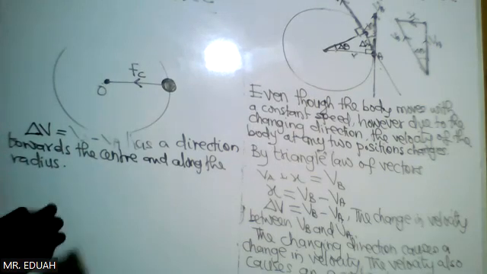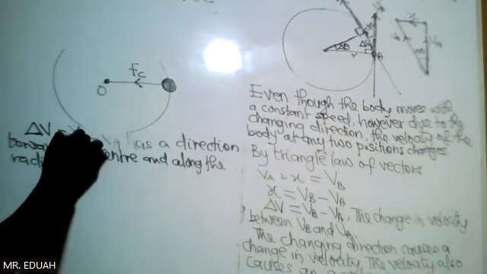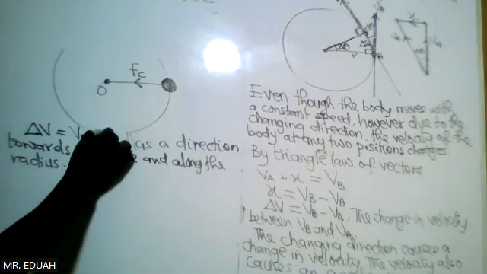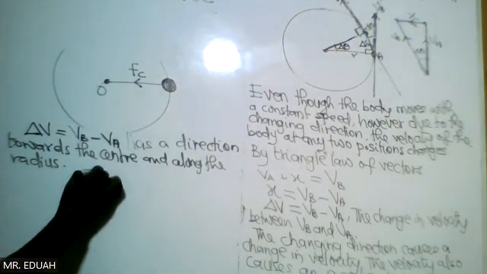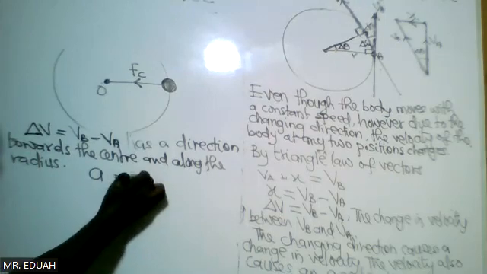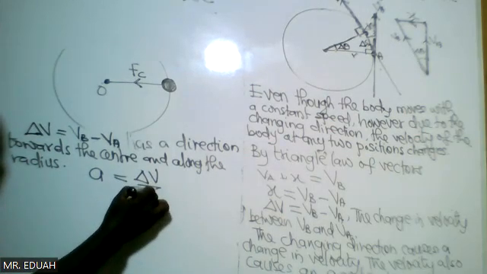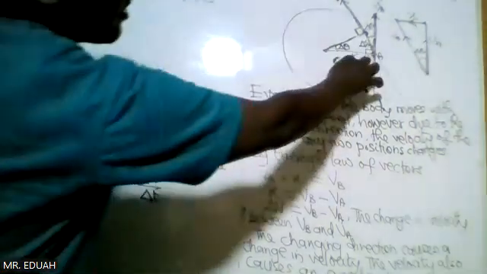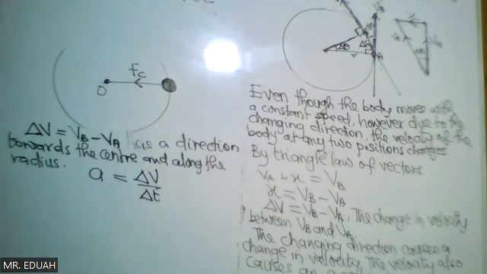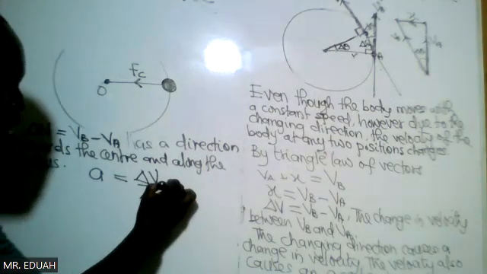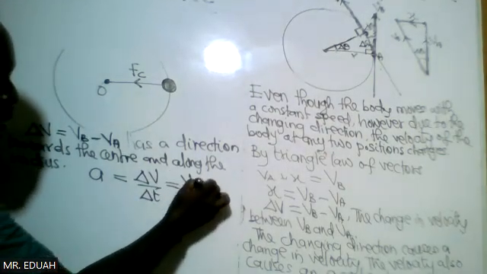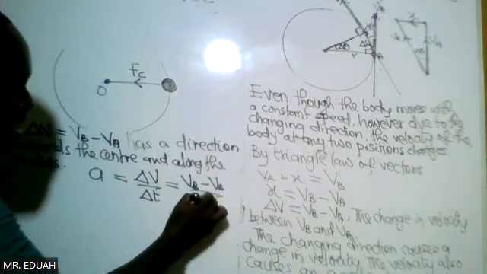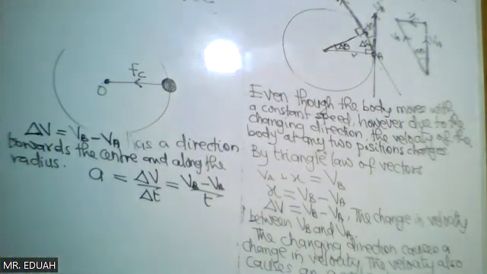Now, because of the change in velocity, we have an acceleration, because acceleration is equal to delta V over delta T. I earlier told you that this movement occurs within a small time, delta T. So the change in velocity, VB minus VA, over T. The change in velocity will also bring about an acceleration.